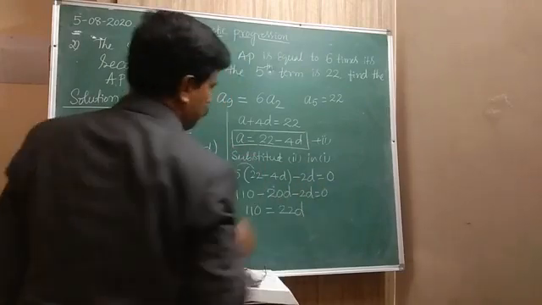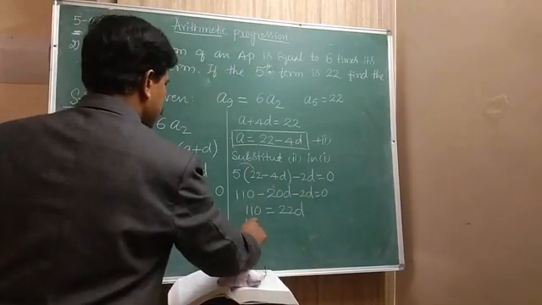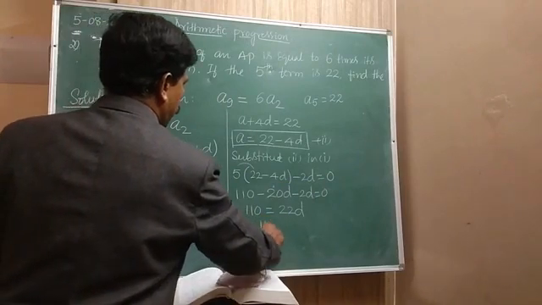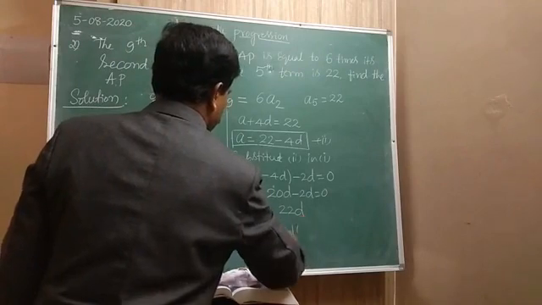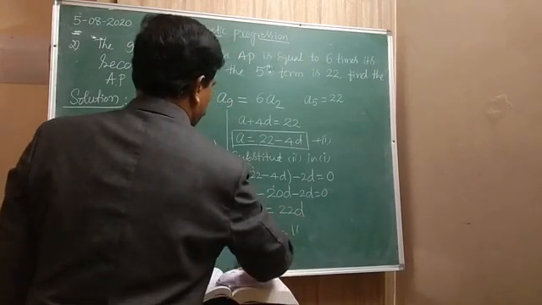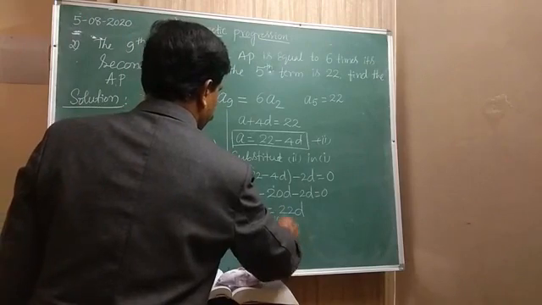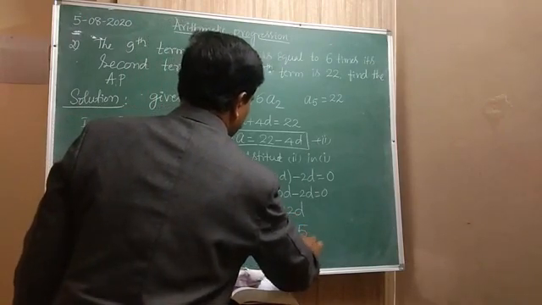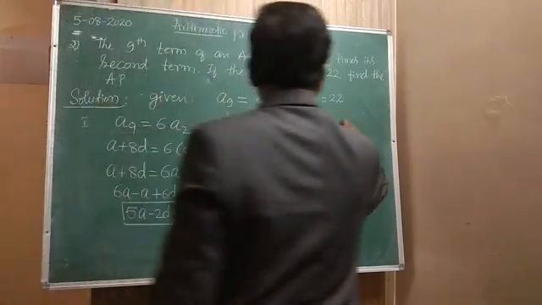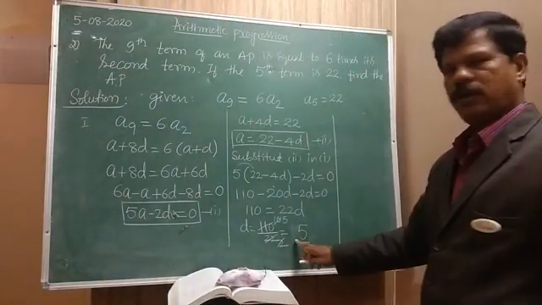Shifting this to this side, then D is equal to 110 by 22. That is 11 10s are 110, 2 5s are 10. So D value is 5. Clear this?